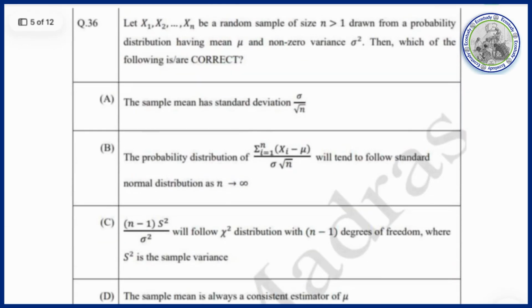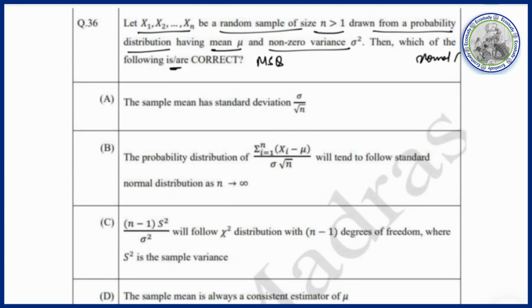Move to the next question. Yeah, 36. It is a very good question. See, it is an MSQ type question. What is asked? If x1, x2, ..., xn is a random sample of size n drawn from a probability distribution having mean mu and non-zero variance sigma square. Okay, an important concept: it is not given as normal.